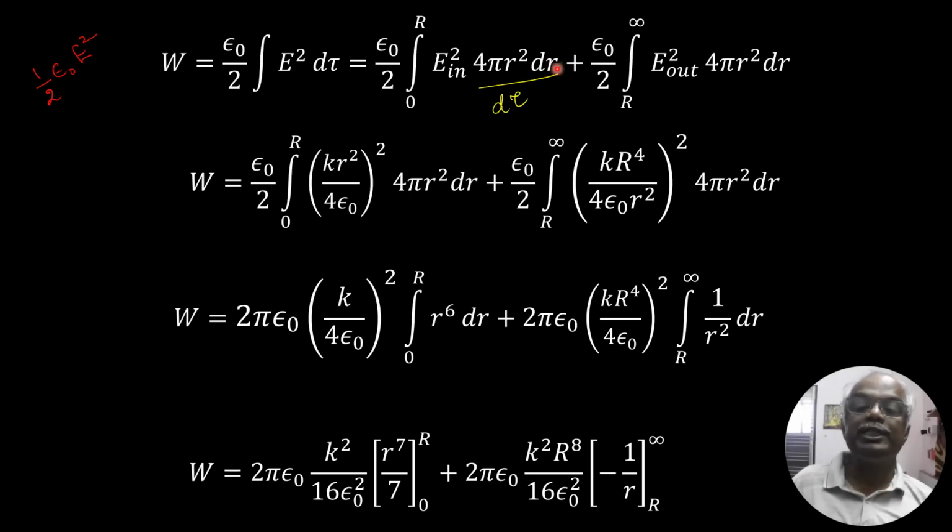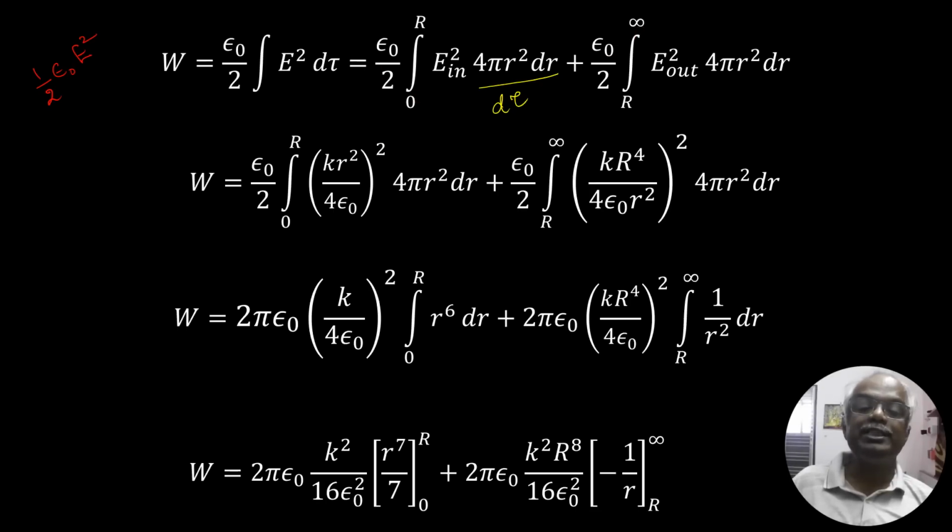Plus the E outside. So E outside, same thing, 4 pi r squared dr is d tau. E inside means it is between 0 to capital R. Outside means from capital R to infinity. That limit also you have to take.